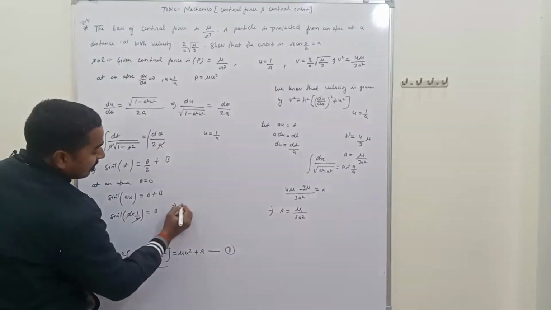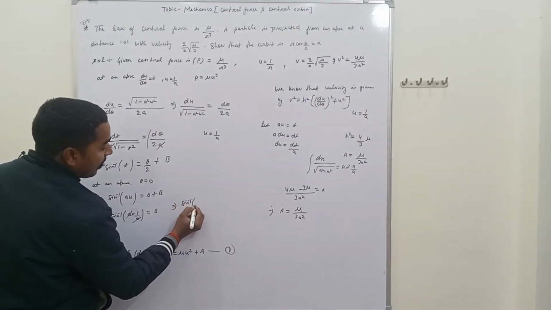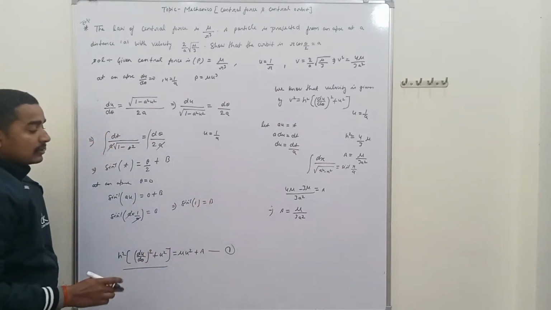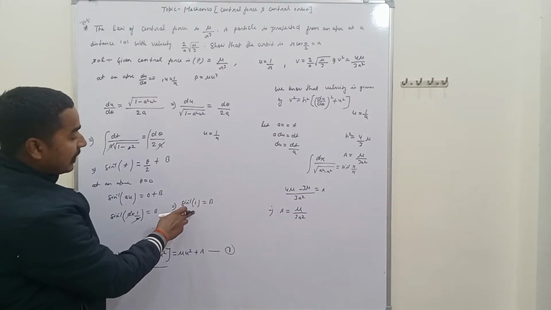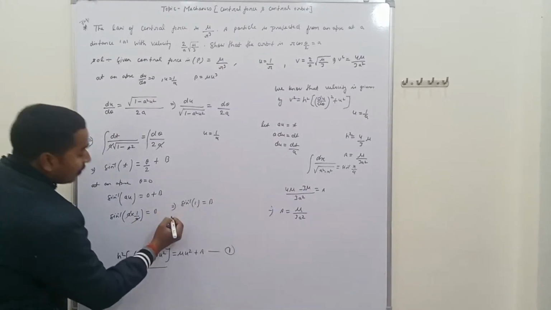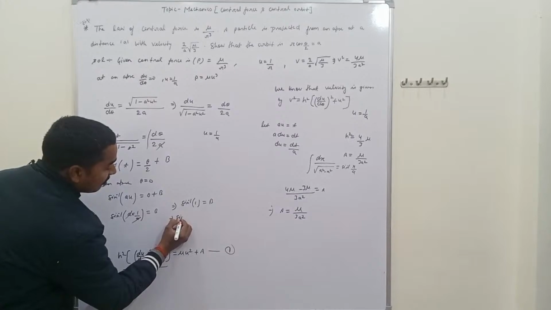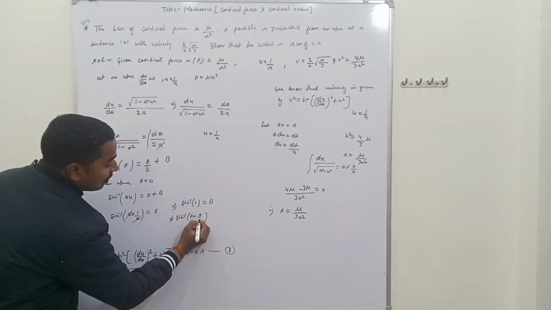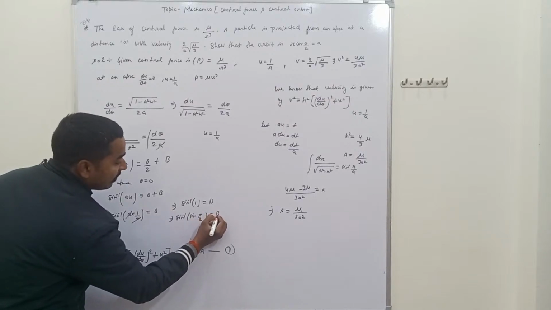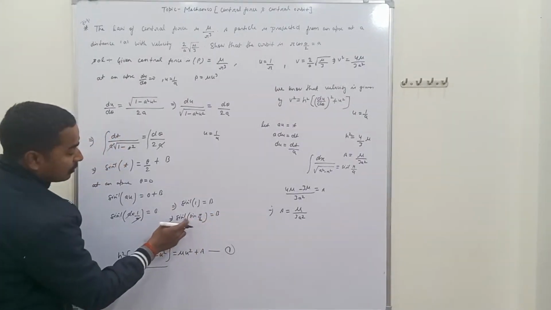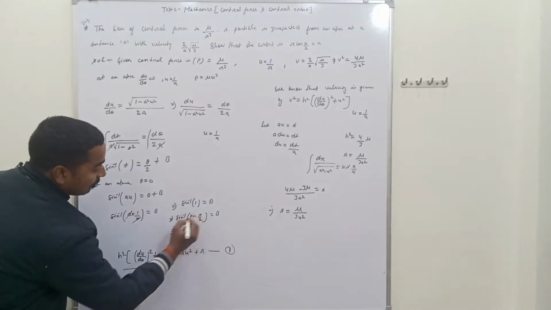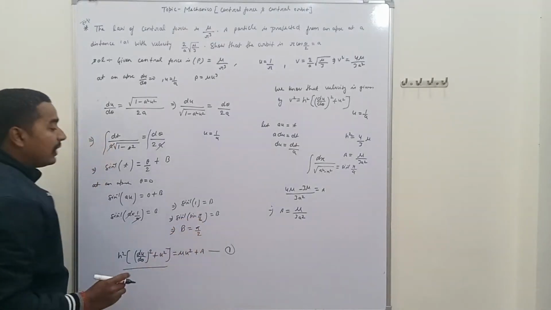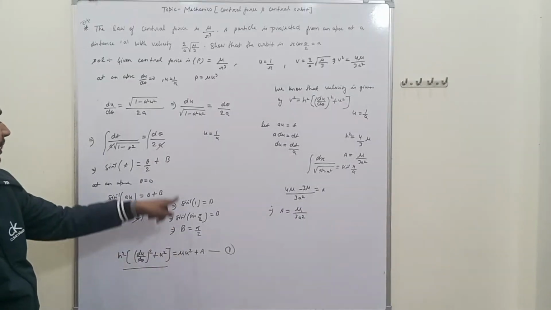We know that sine inverse of 1 is equal to b. We know that the value of sine 90 is 1, so we put here sine inverse of sine pi by 2 is equal to b, and from here sine and sine inverse are removed, so the value of b is pi by 2.